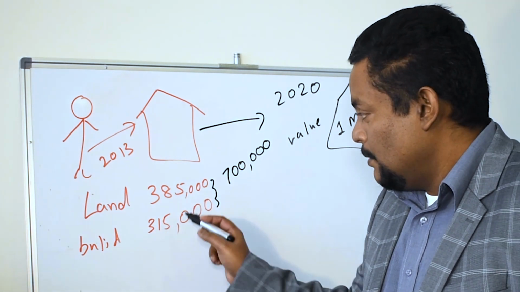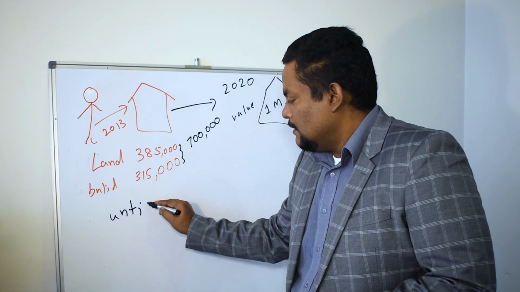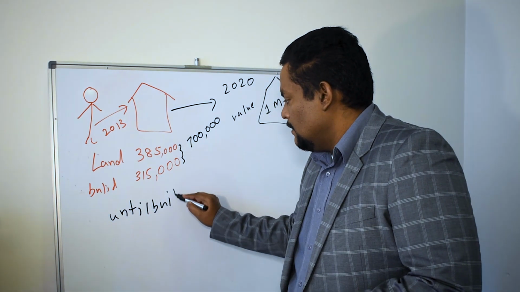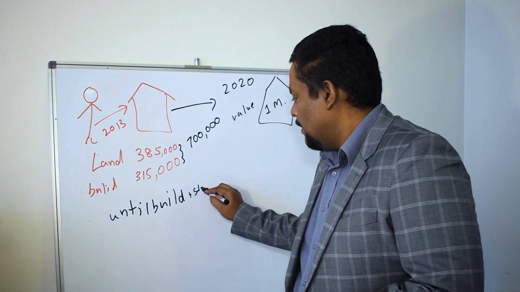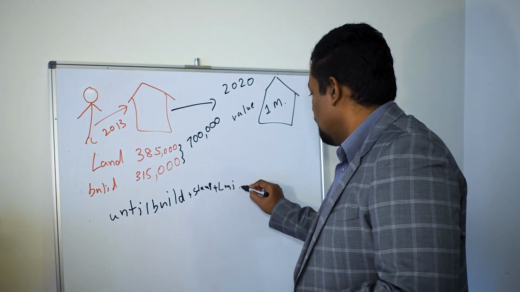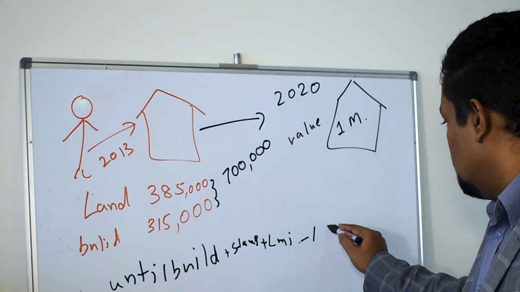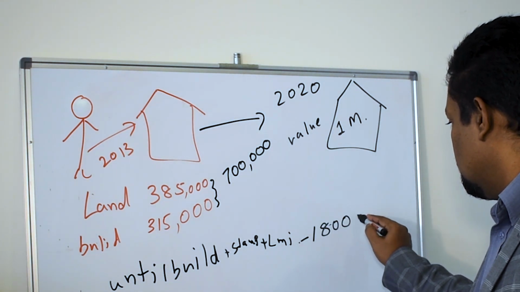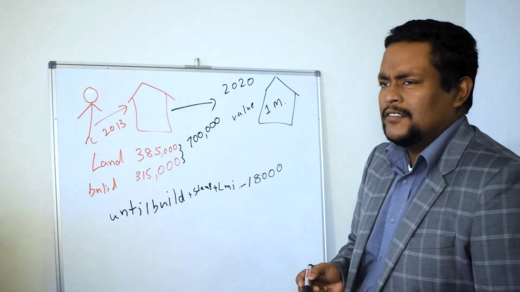So stamp duty plus LMI is costing somewhere around 18,000. Just a typical number, right?